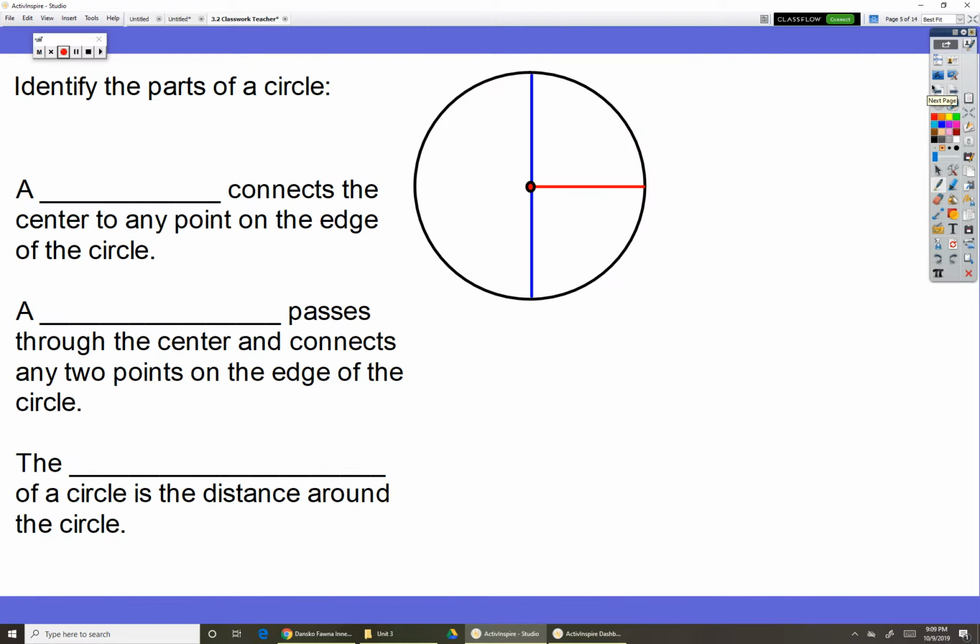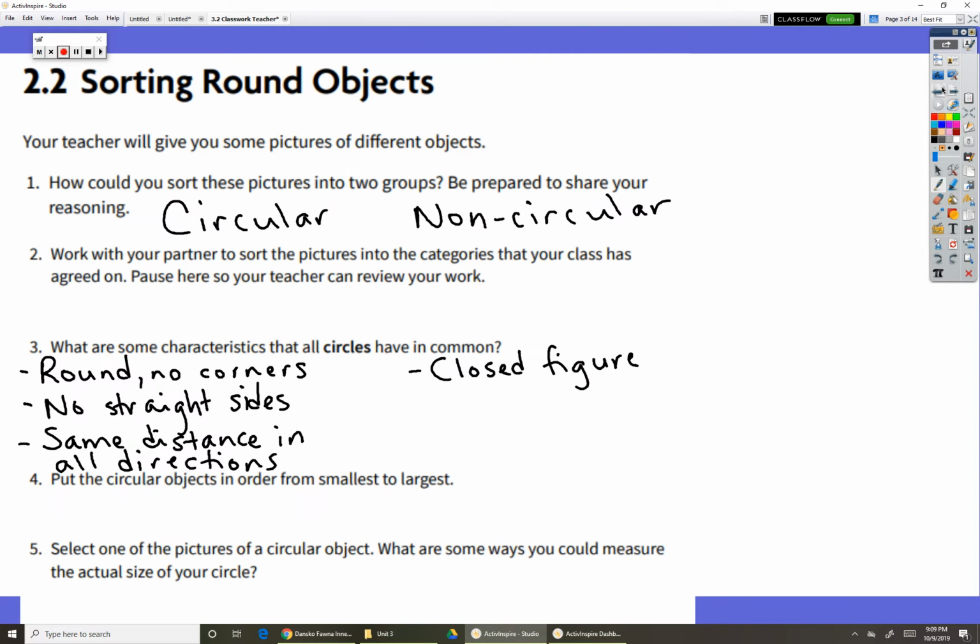So that leads to our last characteristic of a circle, which is that it encloses a two-dimensional or 2D region. In other words, it's flat. It's not three-dimensional like a ball or any other kind of sphere.